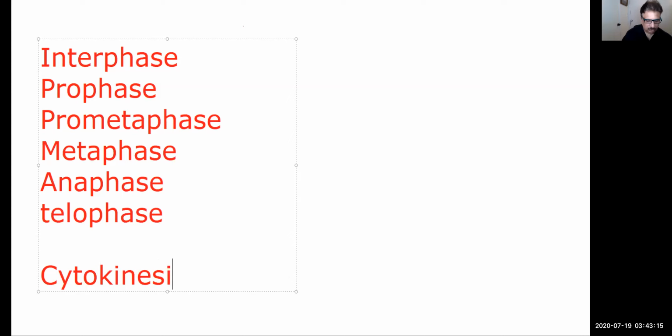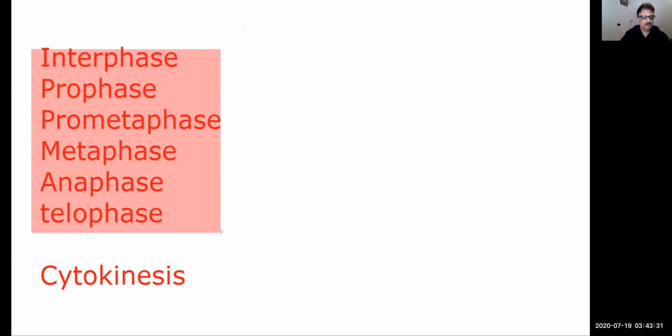Cytokinesis, as I mentioned to you before, is the division of cytoplasm. So from interphase to telophase, they are mainly involved in the division of nucleus, and that is called karyokinesis.